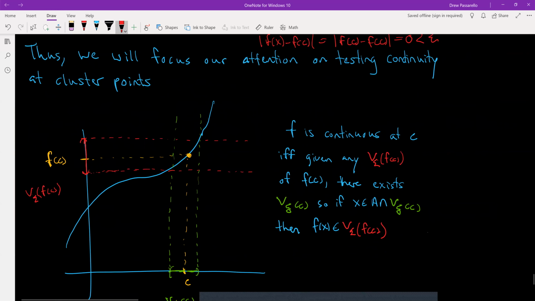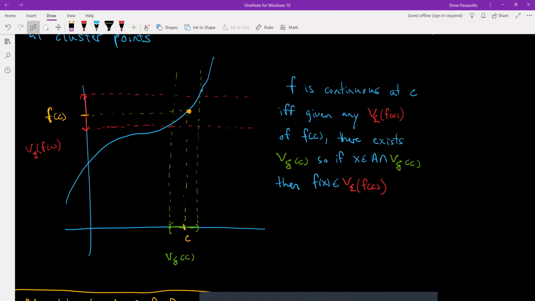So graphically, this is the picture representation for continuity of a function. And notice it looks very similar to the one that we had for limit. Now here we're including c in our delta neighborhood.